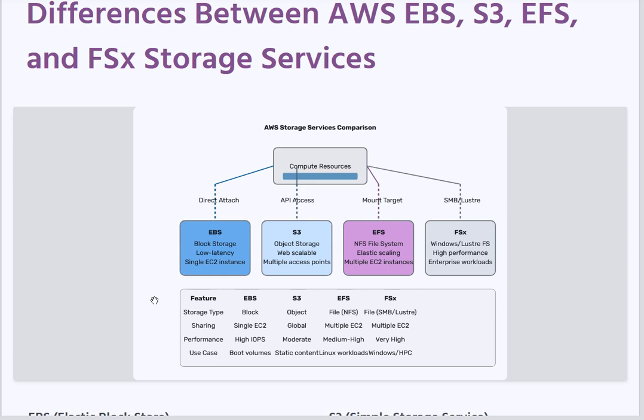And now we're moving into EFS, Elastic File System. It's an NFS network file system. It can be accessed through multiple EC2 instances, and performance is medium to high, mainly for Linux workloads.